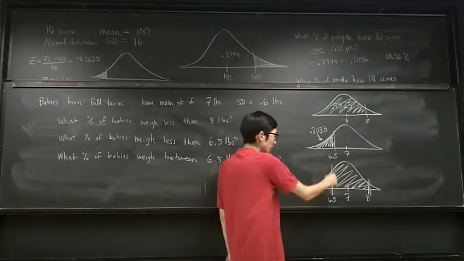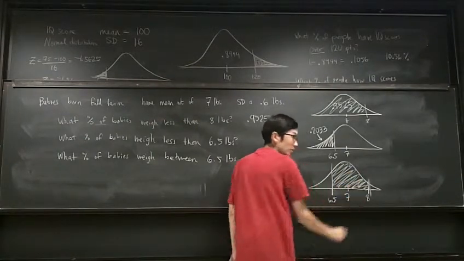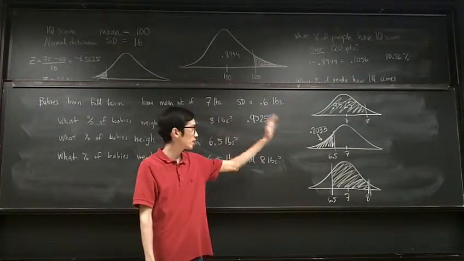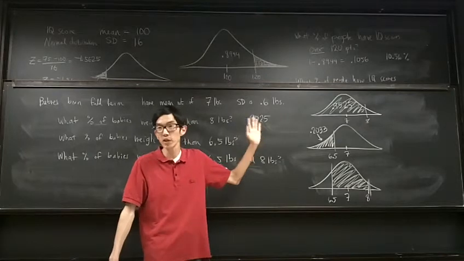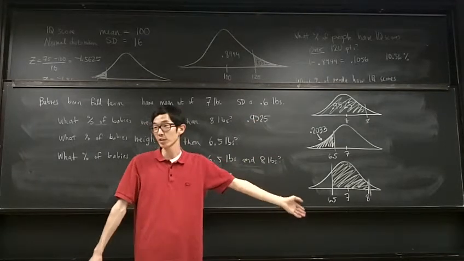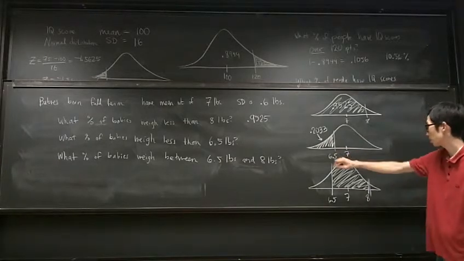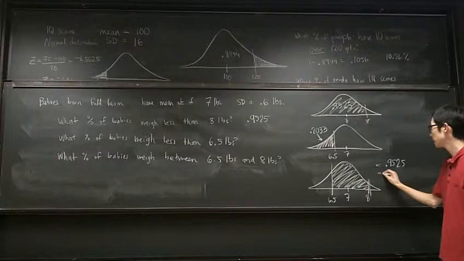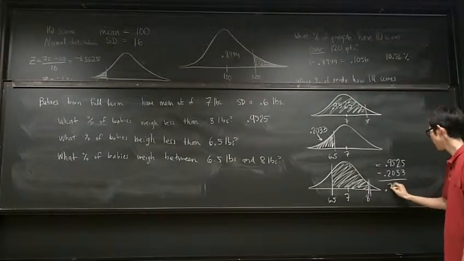By doing that, I'm left with the part that's in between. Does that make sense? About 95% is less than 8, and about 20% is less than 6.5, so I'm going to have about 75% between 6.5 and 8. So my final answer for this third one is 0.9525 minus 0.2033, and I get 0.7492.